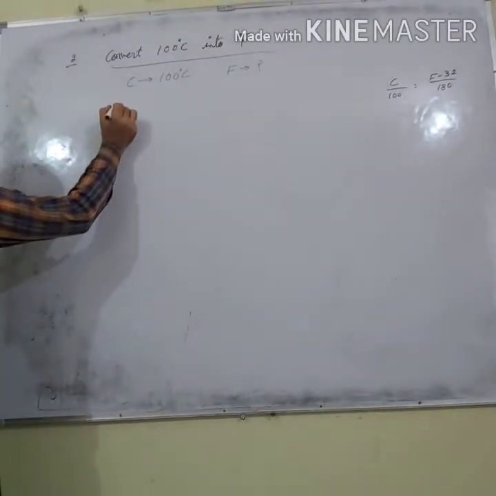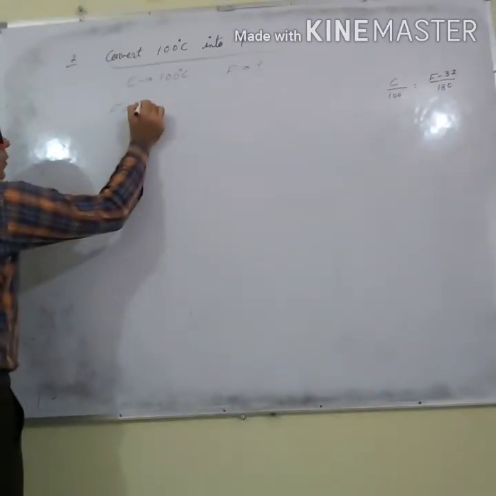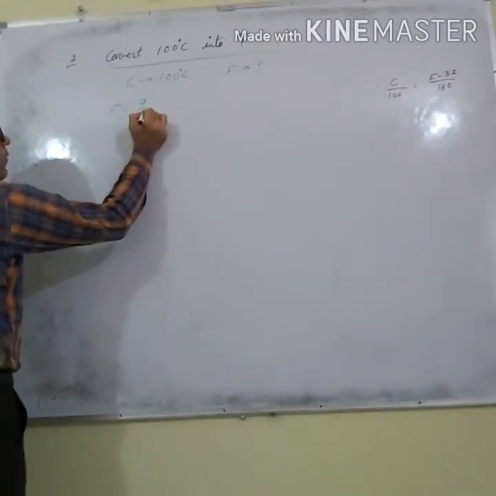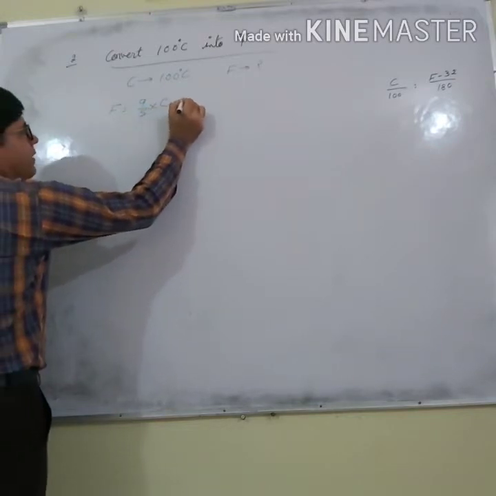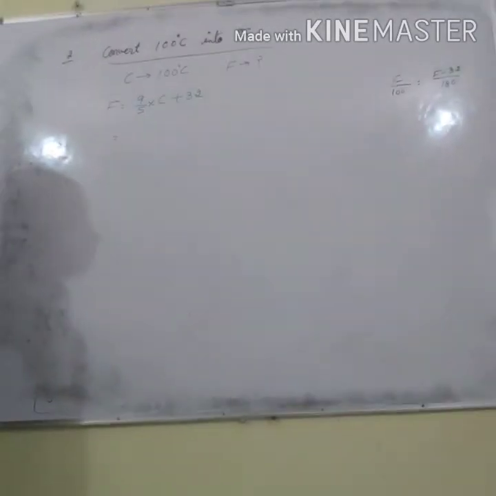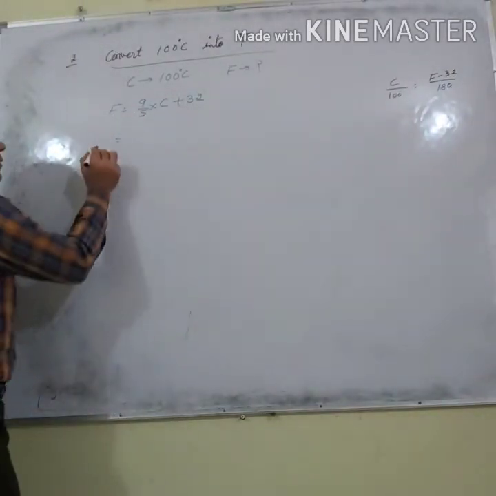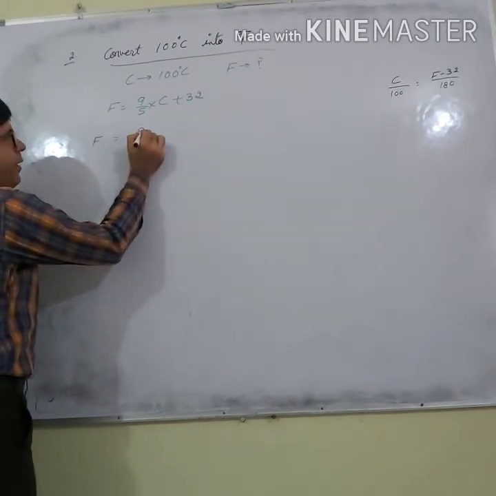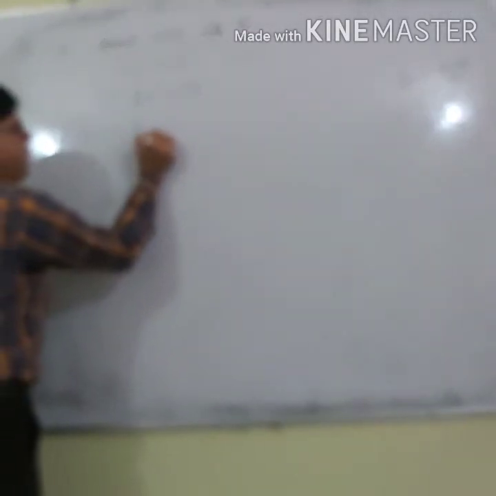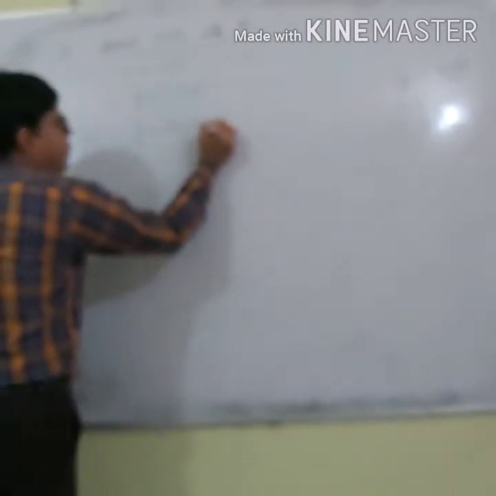What is the formula? F equals 9 by 5 multiplied by C plus 32. Can you tell me what C is here? C is 100. So 9 by 5 multiplied by 100 plus 32.